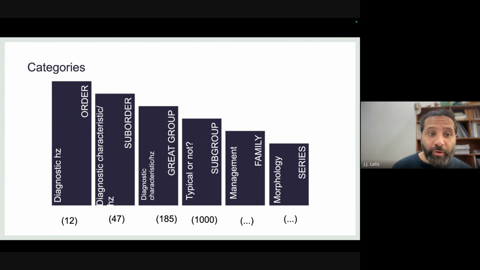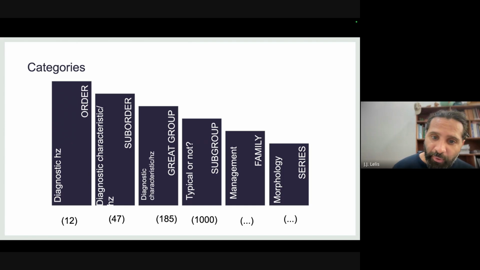Okay, to classify a soil at the order level, the first level, we use the diagnostic horizons. To classify the soils at the suborder level, we need to use the diagnostic characteristics and sometimes also diagnostic horizons. At the great group level, also diagnostic characteristics and diagnostic horizons.